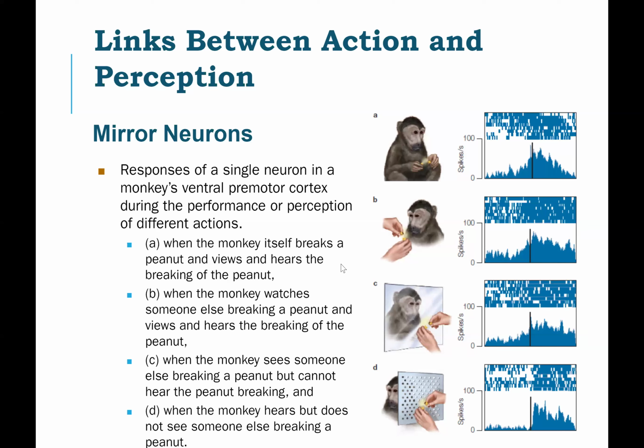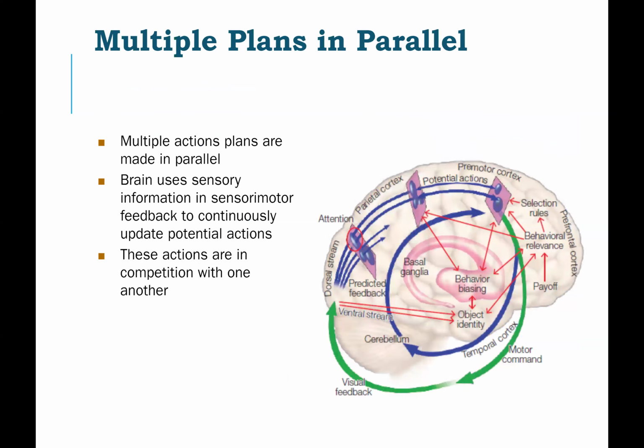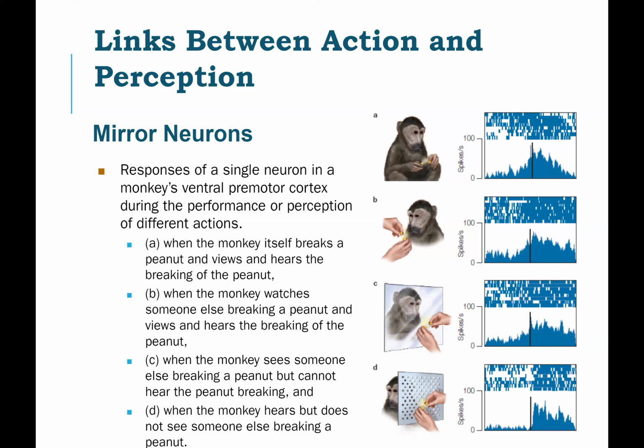And so in all these cases, they represent some same thing to the monkey, which is the promise of a peanut, maybe. And in all these cases, this cell would be active. And they call these the mirror neurons because they are active both when you perform an action and when you see someone performing the action.